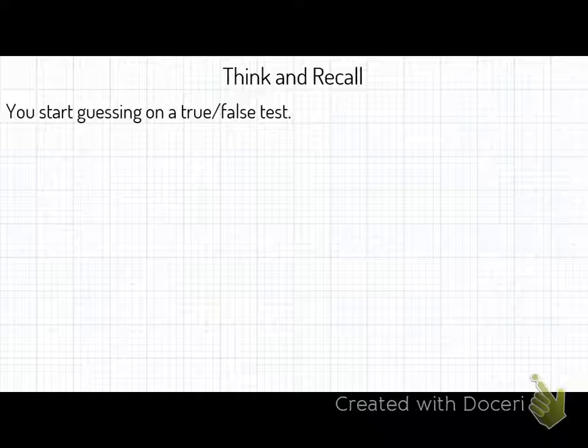So, think and recall. We're going to connect something we've done before. So, let's just say that there was you at a test, and you are just guessing at one true-false item. This is you, by the way. Imagine yourself there.